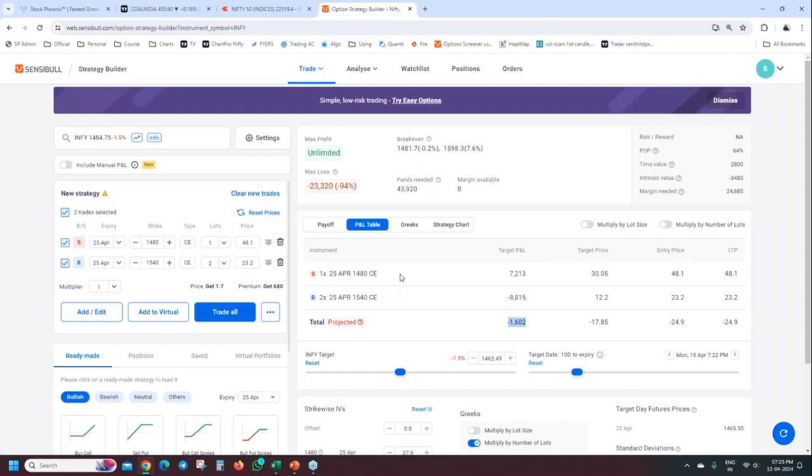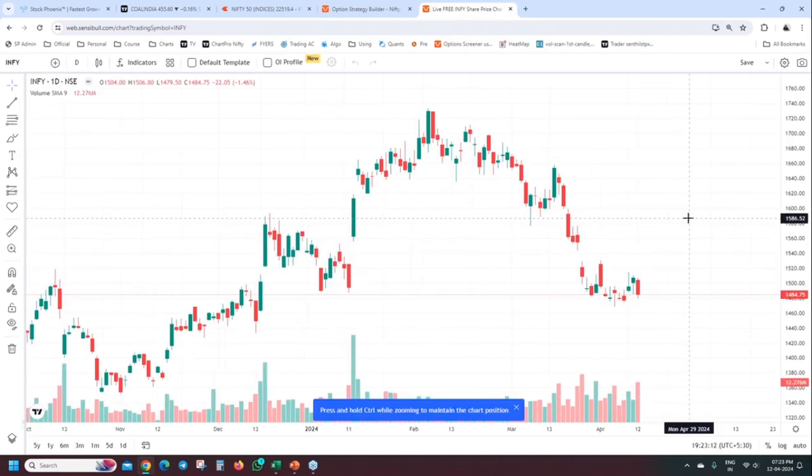Let's take the Infy chart. So now you can see there is a potential upside. If it is moving upside, we can take a target till the expiry of 1560.